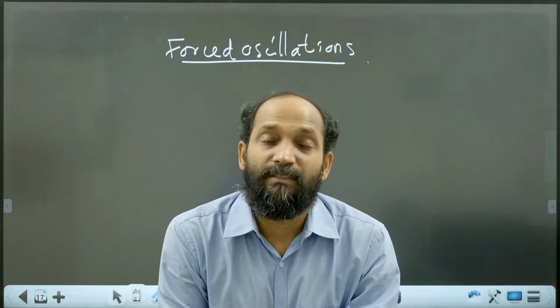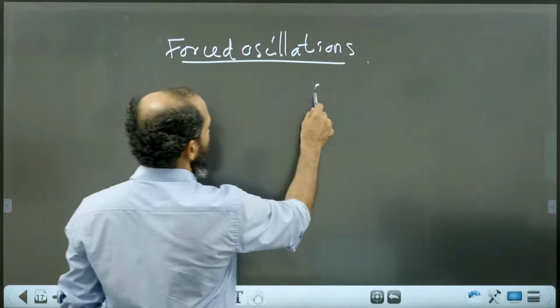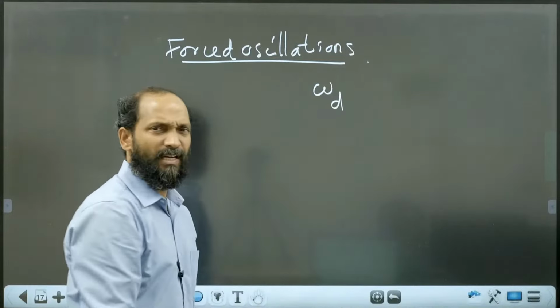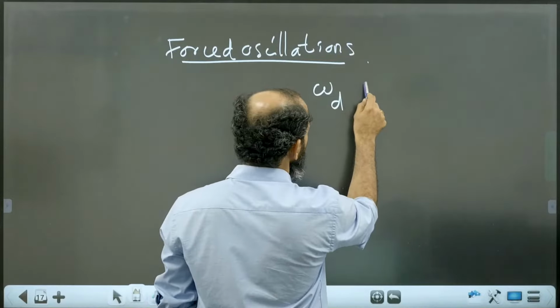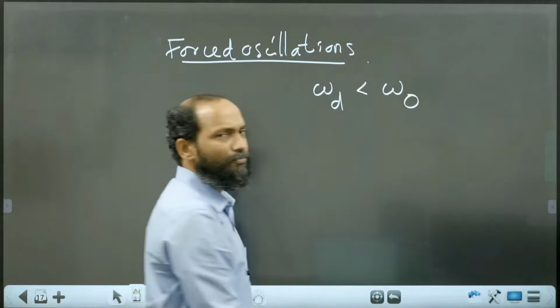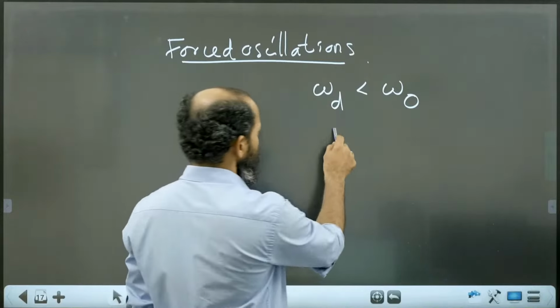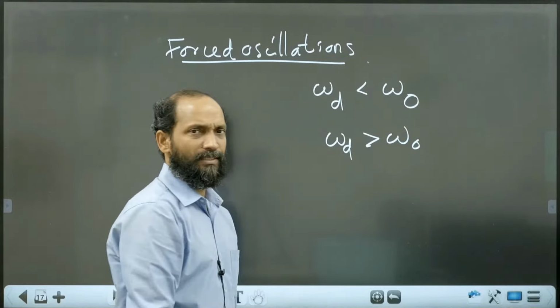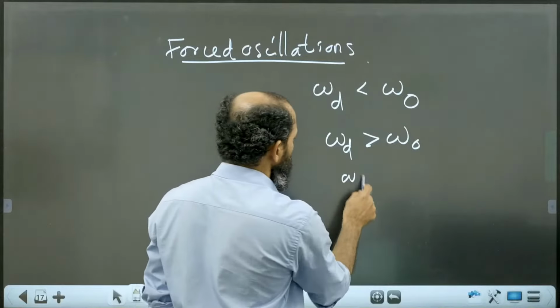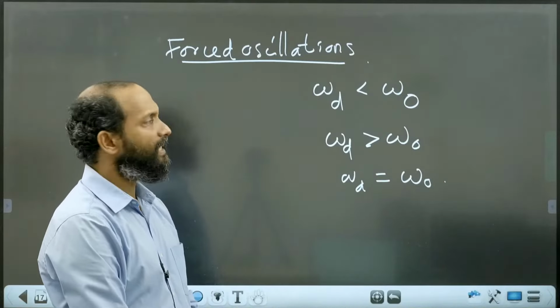Okay. Then that frequency, omega d, the driver frequency, may be less than the natural frequency. Omega 0 represents the natural frequency. Omega d may be greater than the natural frequency. Omega d can be equal to the natural frequency. So three cases arise there.